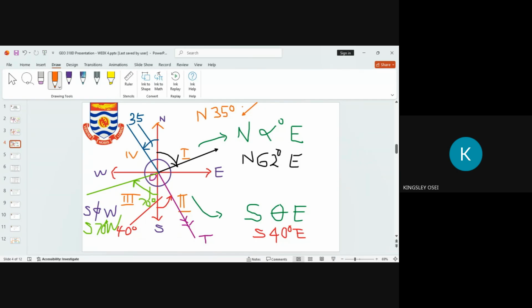So we have this, we have to complete it. It's north 35 degrees west.